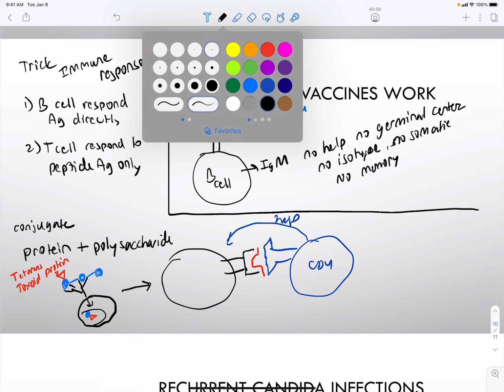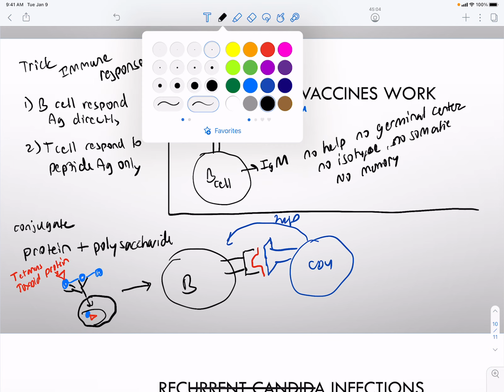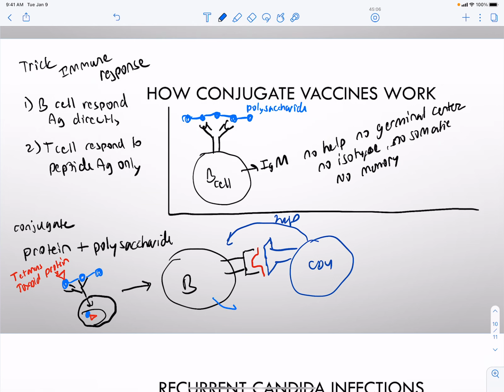Now this B cell was not specific for tetanus, and so this B cell instead is going to release IgG against the polysaccharide.